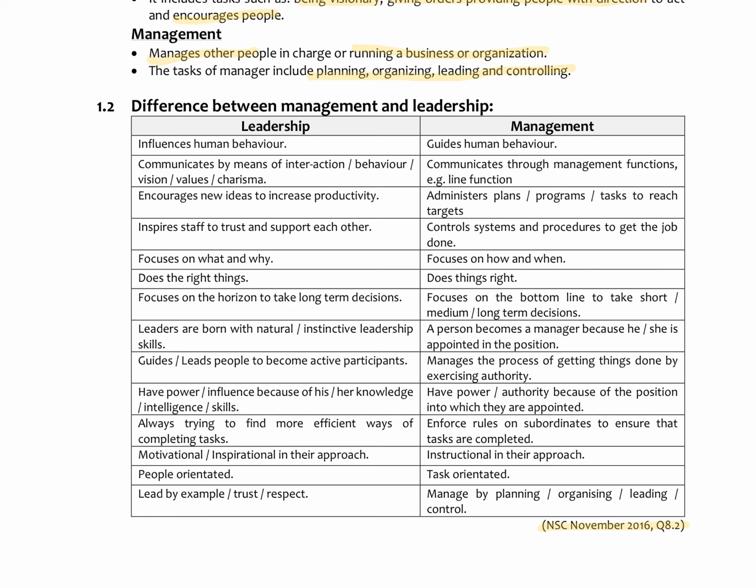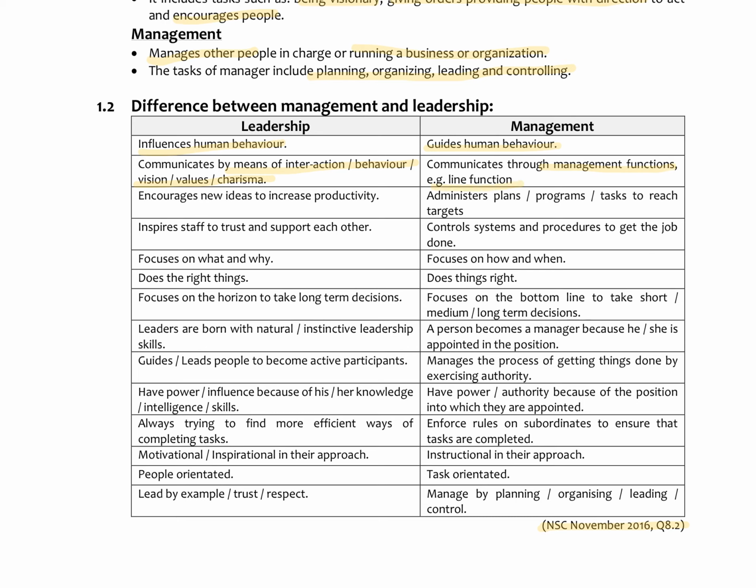They say, a leader influences human behavior and a manager guides human behavior. A leader communicates by means of interaction, behavior, vision, values, and charisma. And the manager communicates through management functions, like, for example, a line function.